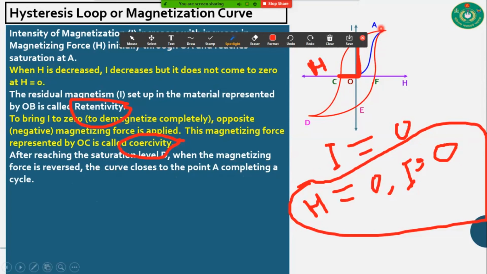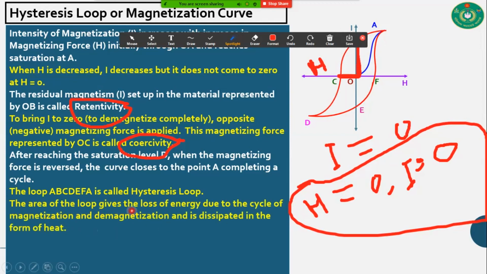That is A, B, C, D, E, F, A. We are talking about the hysteresis loop, so we will not get back to the origin. This is a loop, and this loop is called the hysteresis loop.